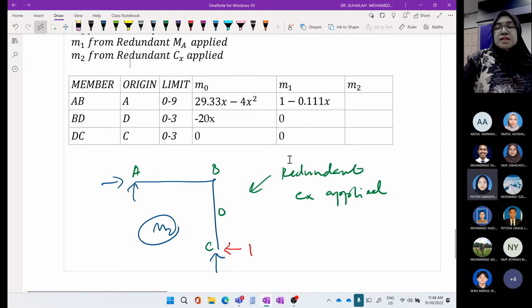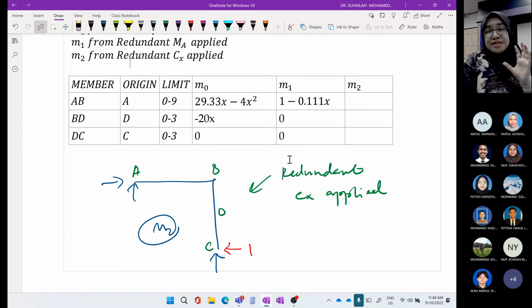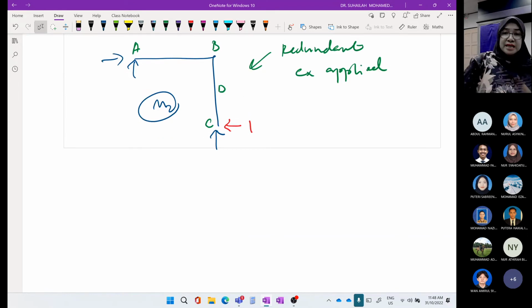Please complete this. Continue to calculate 6 displacements, actually 5, because F12 and F21 are equivalent. Then substitute into the formula. Lastly, we calculate the remaining 3 reactions.